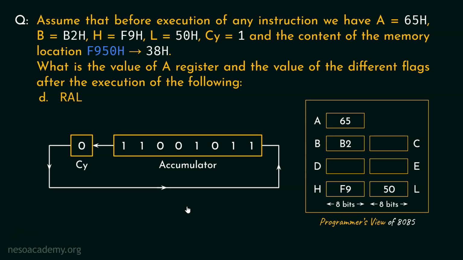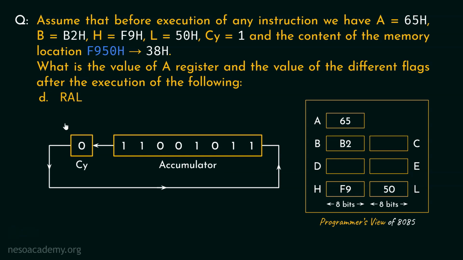Now notice, after the execution of the instruction RAL, within the accumulator register, we have got the 8 bits as 1100 followed by 1011. Now 1100 is 12 in decimal, which in hexadecimal is C, and 1011 is 11 in decimal, which in hexadecimal is B.